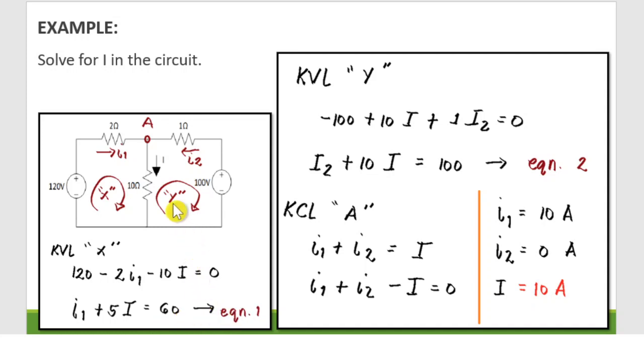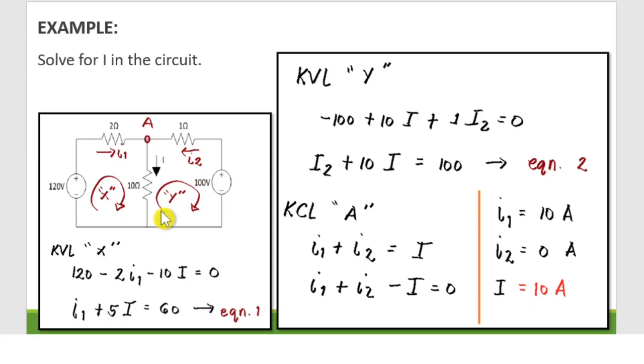Now let's form the KVL equation for loop Y. Let's start with this 100 volt source. As you can see, our loop Y enters the positive, then leaves the negative. That would be a negative 100. Then it will pass through this 10 ohm resistor.